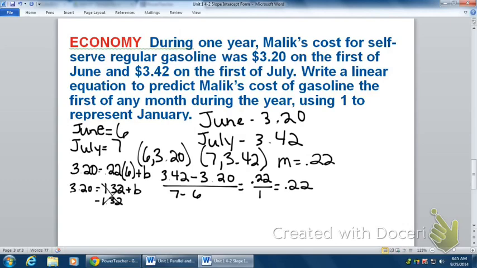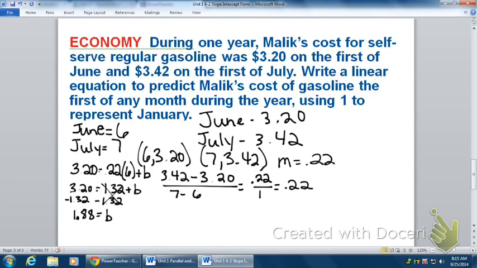Okay? What's 320 minus 132? $1.88 is equal to B. Okay? It's $1.88. Sorry, my decimal's not very big. There you go. Okay? $1.88. That's my B.